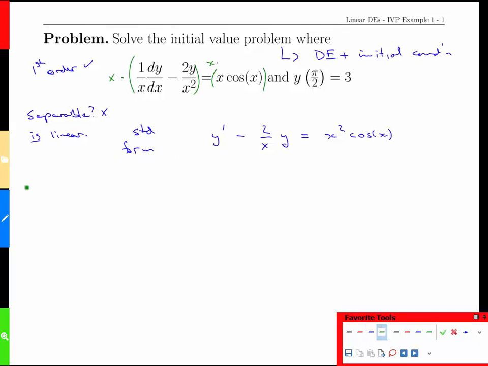And so what we can do is find the integrating factor, which in this case, our variables are y and x. This will be a function of x. And it'll be e to the integral of the cofactor of the y.